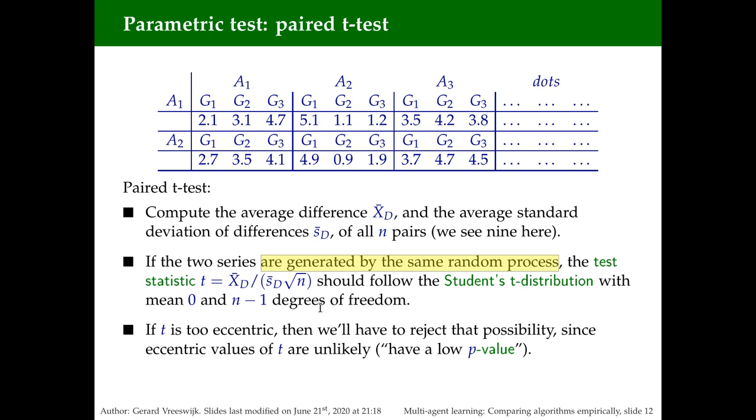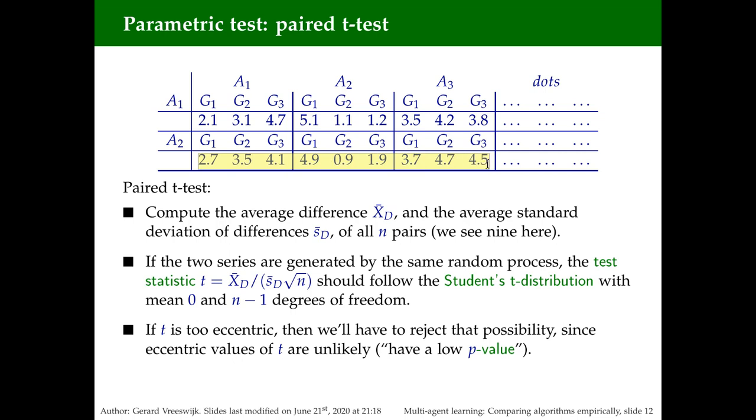And we also say that if the probability that this value of t is generated by the same random process is very small, has a low p-value, then we say we have to reject that, and we can more or less safely assume that the two algorithms perform differently.